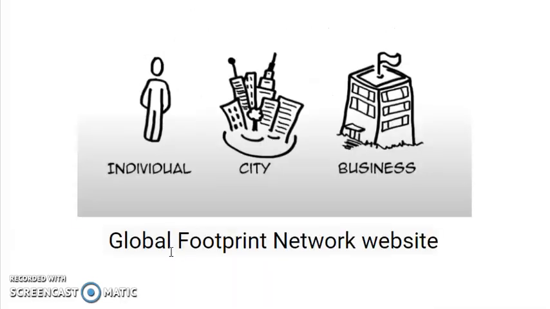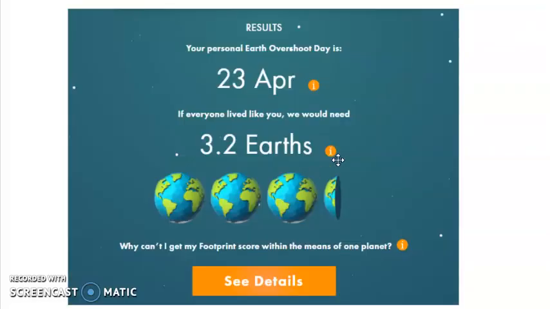So this Global Footprint Network website measures our ecological footprint for individuals, for cities, and for businesses. And I went through and took the test I showed you in the last video. And what happened here? If everyone on the earth lived like me, we need 3.2 Earths.